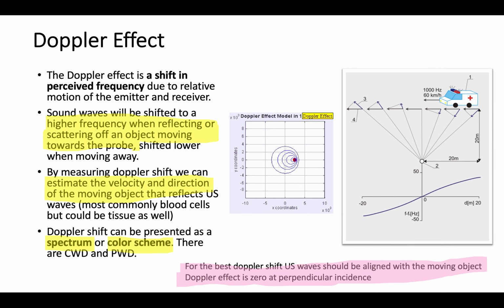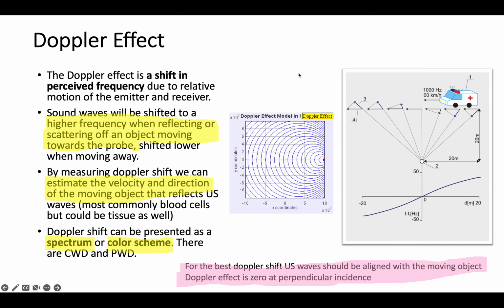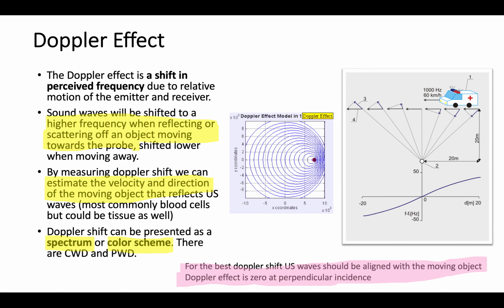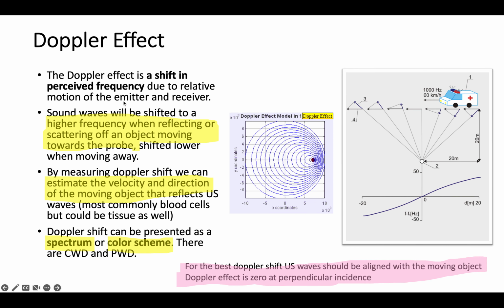At the beginning, when the car is coming to us, the pitch will be higher, and then eventually when the car is going away from us, the pitch will be lower. This phenomenon is called the Doppler effect. And what is the Doppler effect? It's a shift in perceived frequency due to relative motion of the emitter or receiver.